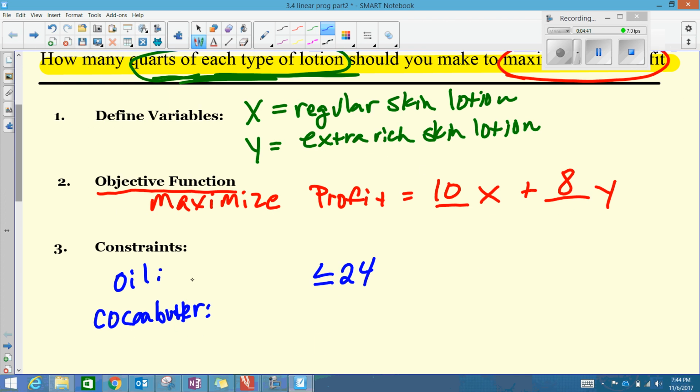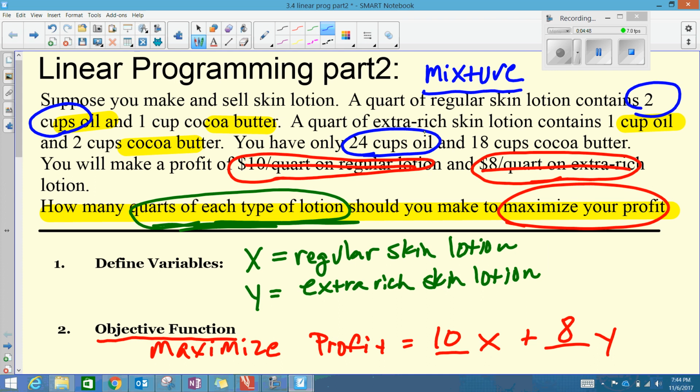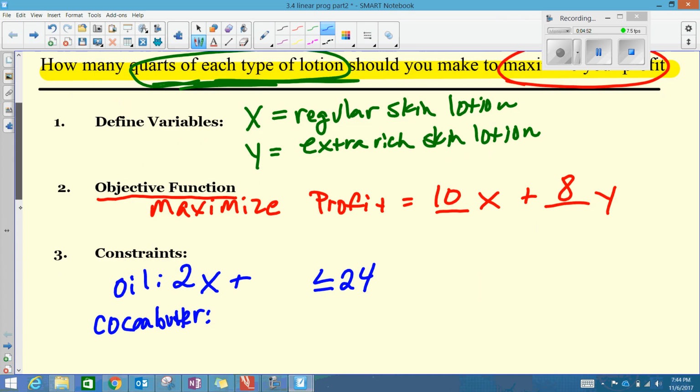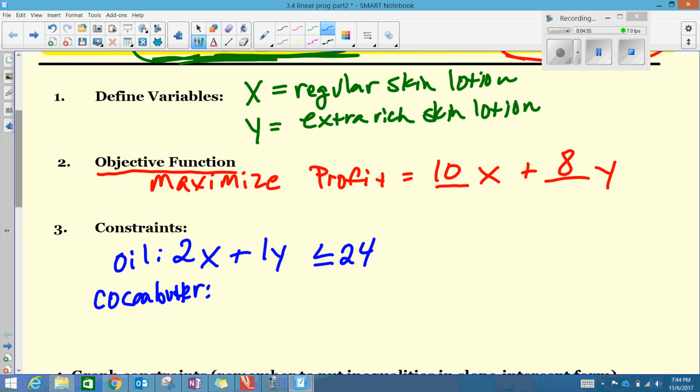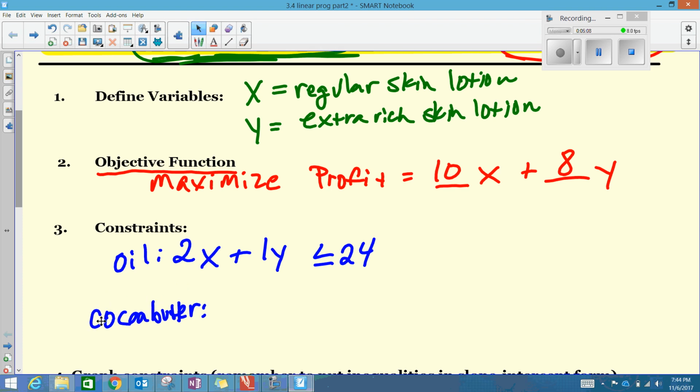So regular skin lotion, which is X, contains 2 cups oil. Extra rich skin lotion contains 1 cup oil. So the Y is 1 cup oil. So no matter how many quarts of regular skin lotion, we multiply it by 2 to see how much oil we need, and no matter how many quarts of extra rich, we multiply it by 1 to see how much oil we need.